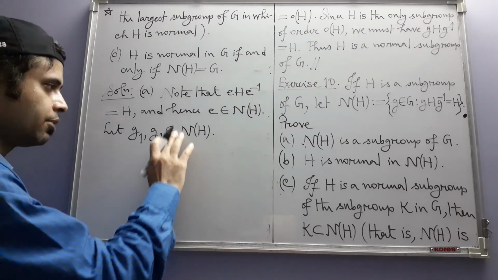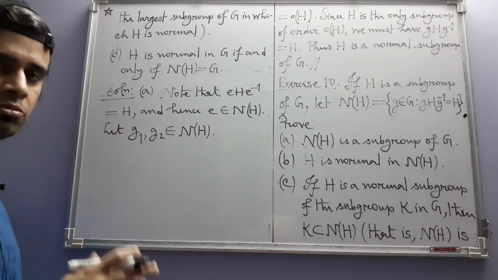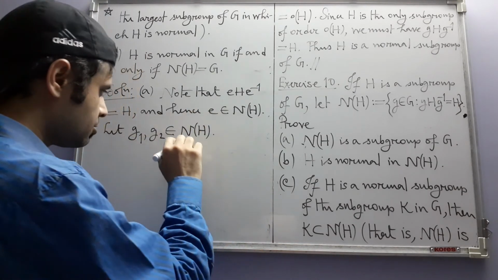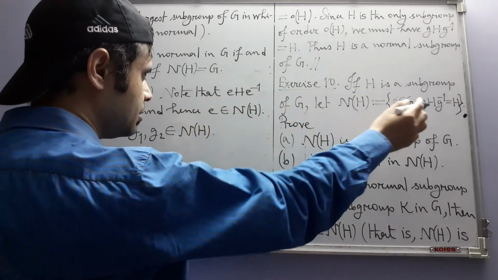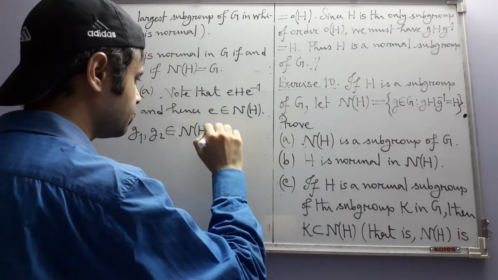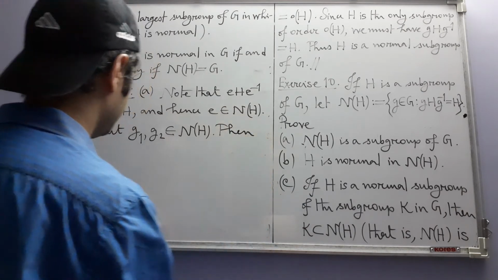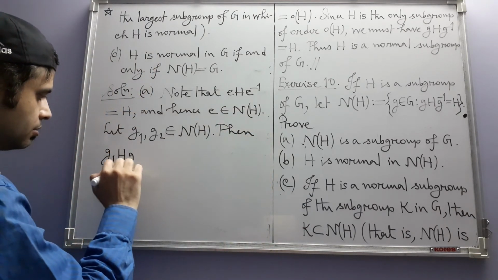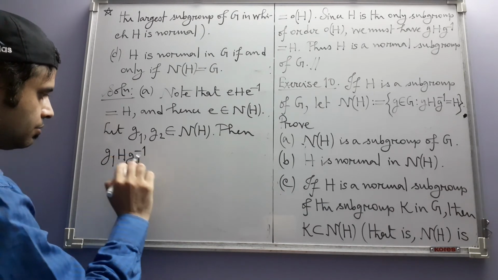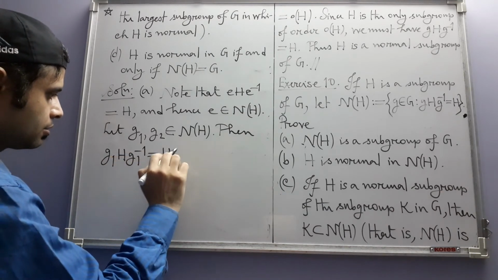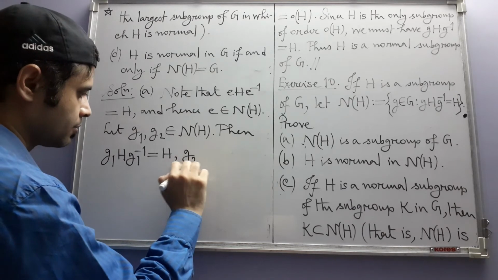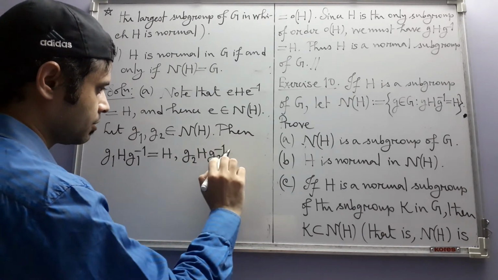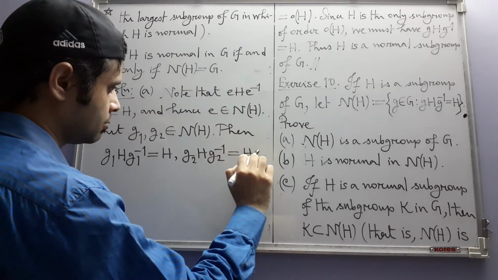That means it's now enough to show that G1 G2 inverse belongs to NH. Now, because these two elements are in NH, they will satisfy this condition. Then G1 H G1 inverse is equal to H, and G2 H G2 inverse also is equal to H.